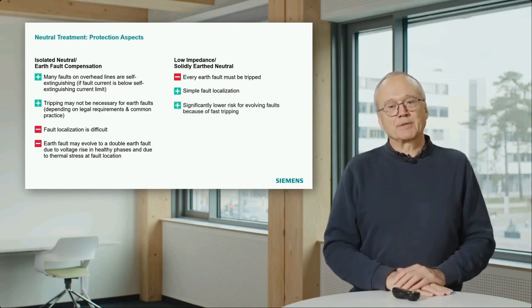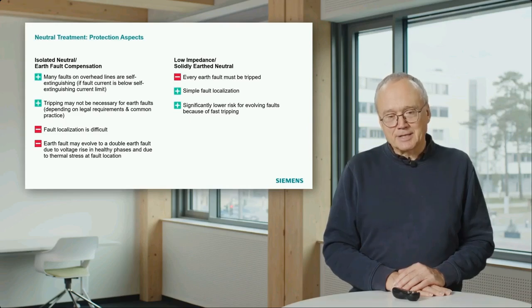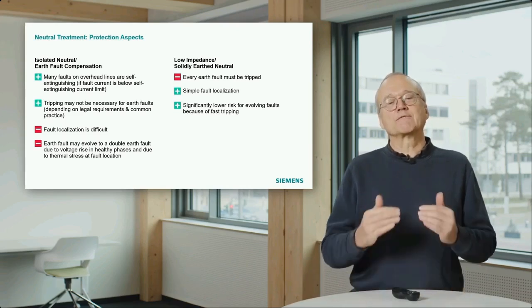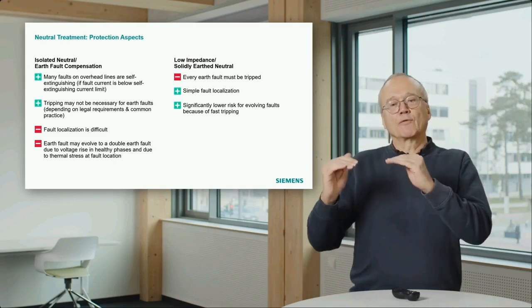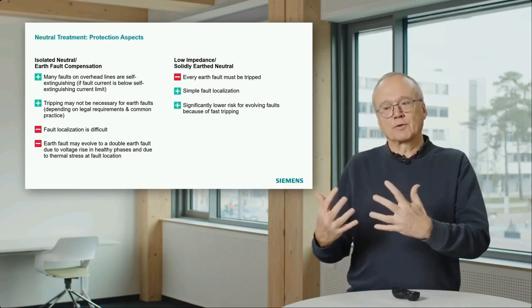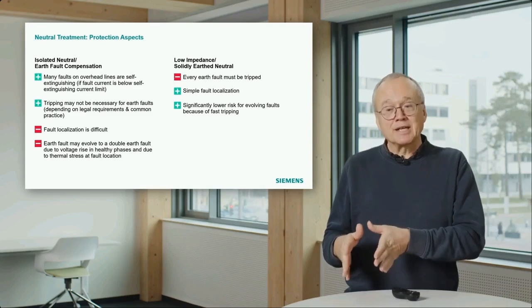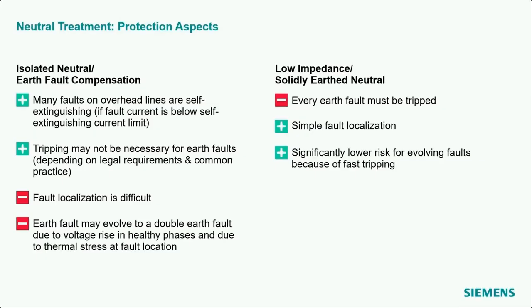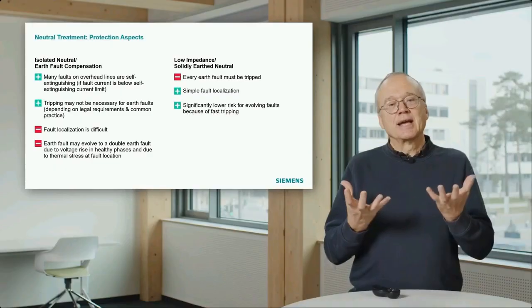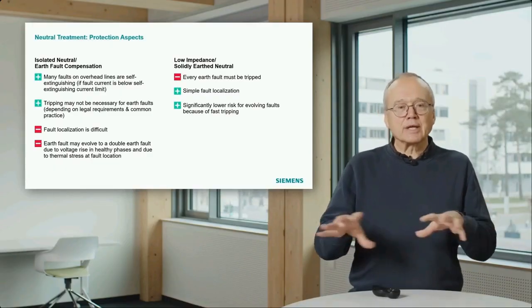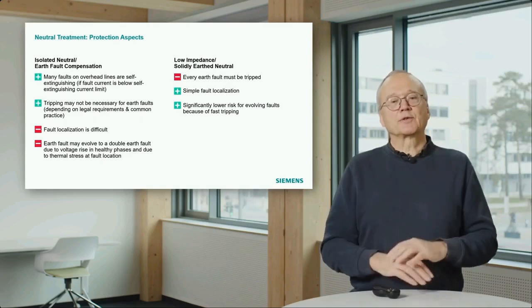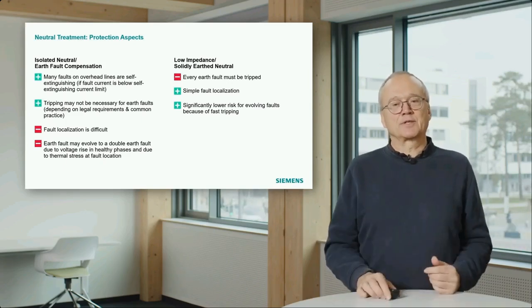The chance that that happens in systems with solid earthing or low impedance earthing is very low. You may have a voltage increase in the healthy phase if you have resistive grounding, low impedance grounding. But as you trip the fault anyhow after a short delay time, the chance that that evolves into a cross-country fault is much lower. So you see, both concepts have some advantages and some disadvantages, and that is the reason why we have really, in different countries, in different systems, different concepts in use.